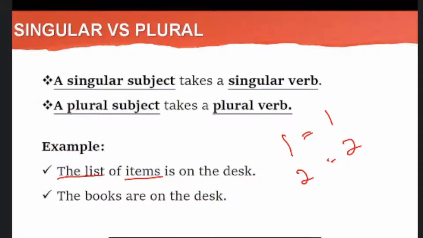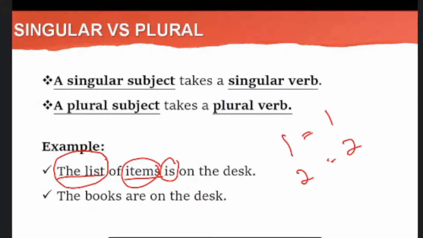And if you notice here, I use is. You might be wondering, items is plural, so why do I use is? They did not complement each other. You might have that kind of thought. But here, in the first example, the subject of the sentence is actually the list.